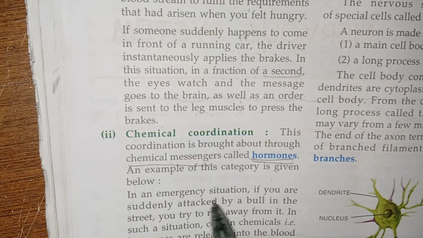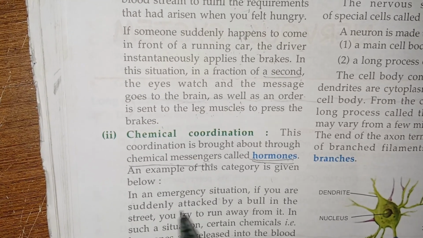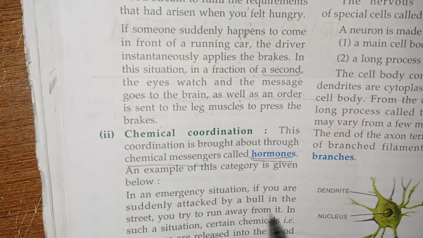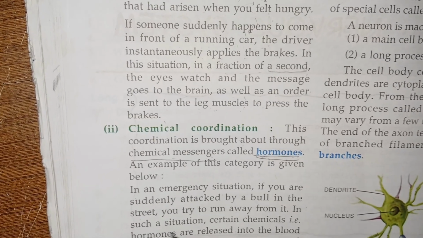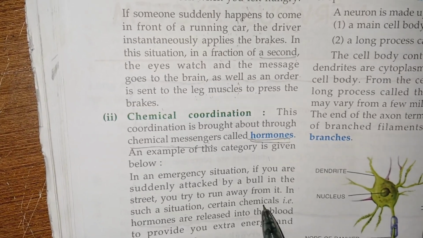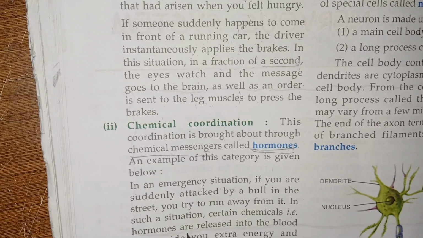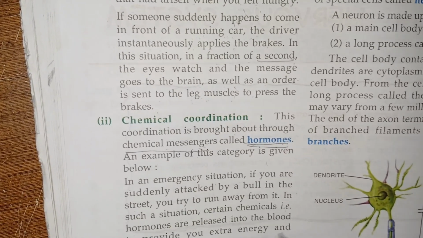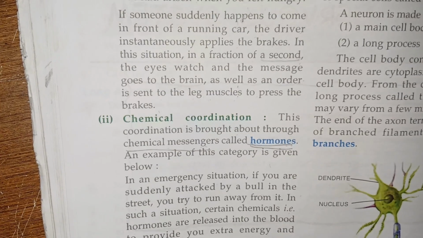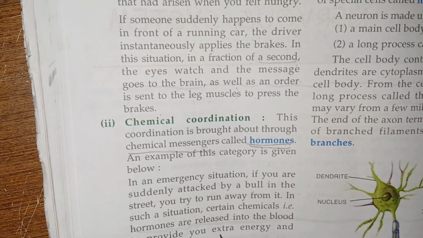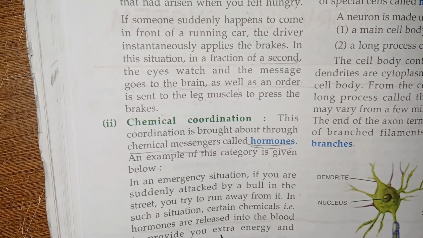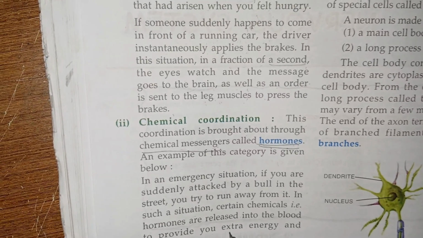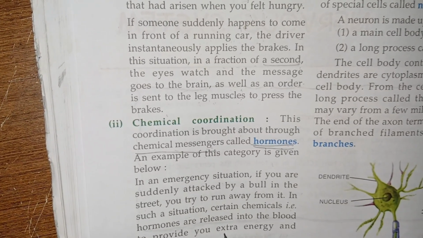An example of this category is given below. In an emergency situation, if you are suddenly attacked by a bull in the street, you try to run away from it. In such a situation, certain chemicals, that is, hormones, are released into the blood to provide you extra energy and strength to run. This is a very common example. When you find a wall lizard in the house, immediately you will try to jump away from it.